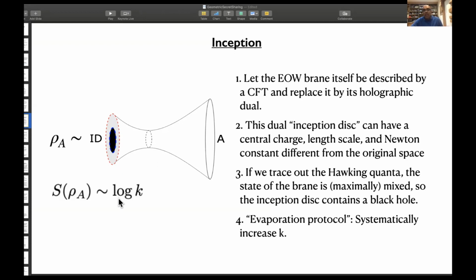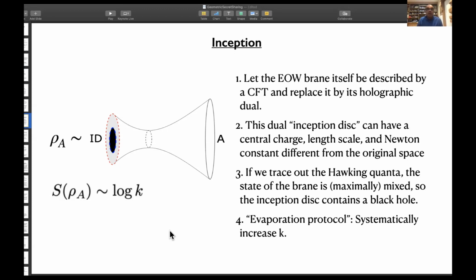So it'll be log k, where k was the number of quanta we had in the simple model of the entanglement with the radiation we talked about. In effect, the evaporation protocol that we should have is that as you increase k, namely the number of quanta in the radiation, you have more and more entanglement with the radiation. And we want to see, as you increase the amount of radiation quanta, how does the entanglement entropy of the various systems behave? So that's what we want to go after.